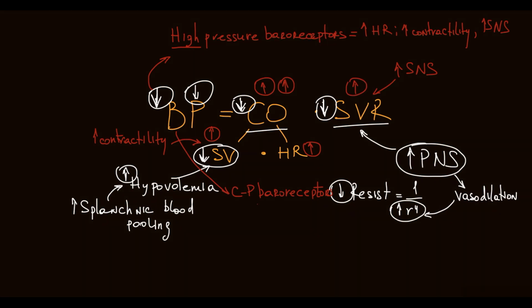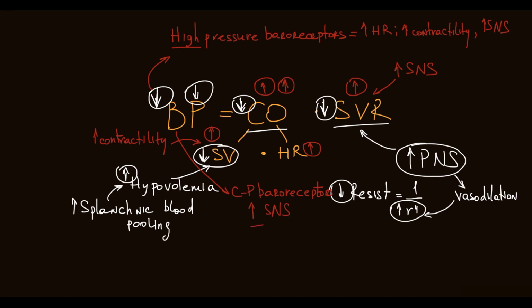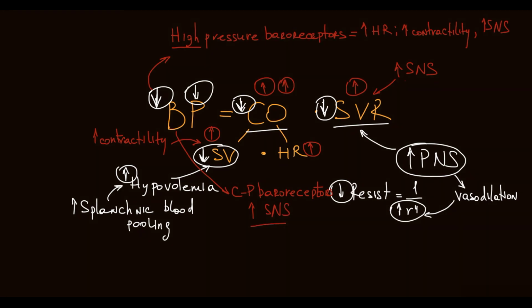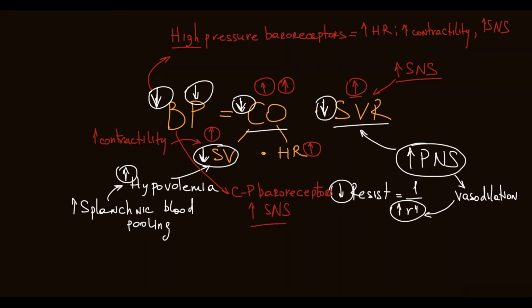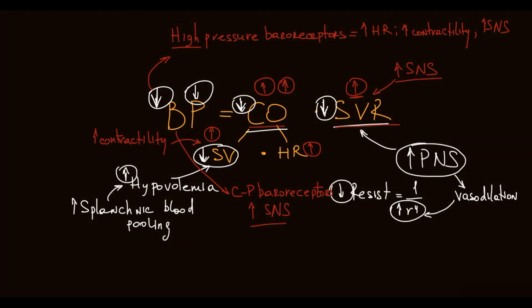Cardiopulmonary baroreceptors also increase sympathetic nervous system activity, that subsequently contributes to increase in systemic vascular resistance. So by these effects, compensatory mechanisms keep blood pressure constant.